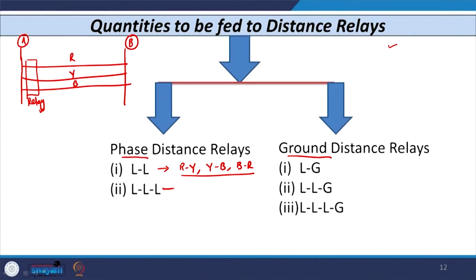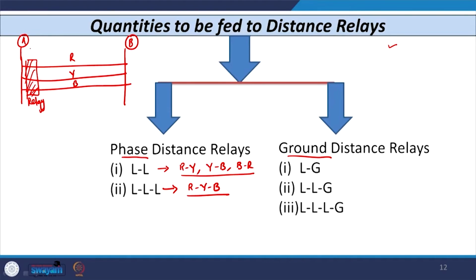Phase type distance relays are also capable to detect triple line fault, that is RYB fault. So, any type of phase to phase fault which does not involve ground, the phase distance relay detects and further gives signal to the breaker. For this, for each phase we need one phase distance relay.